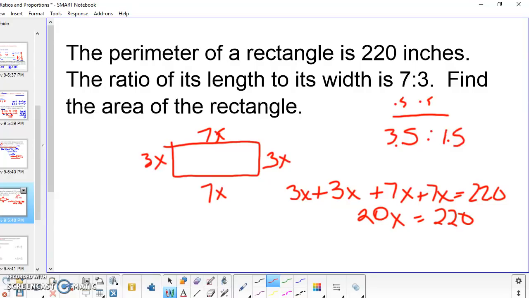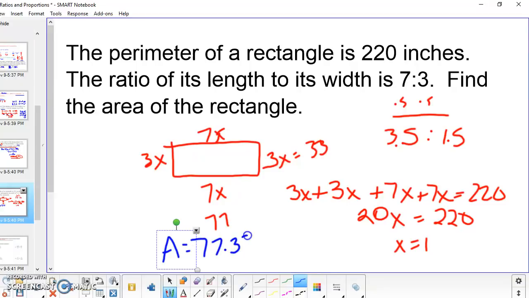So 220 divided by 20 is going to give me x is 11, which means this side is 77, this side is 33, and then the area, which is what it asks for, is 77 times 33, which is 2,541 inches squared. So you had to do a little bit with that after you got to the answer.